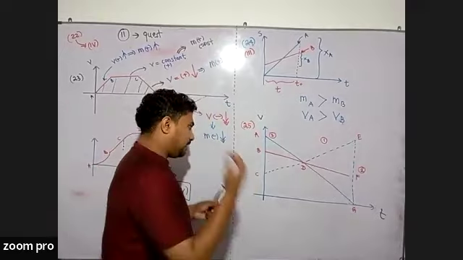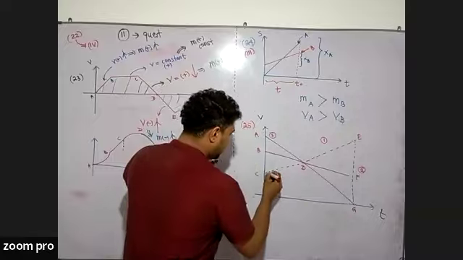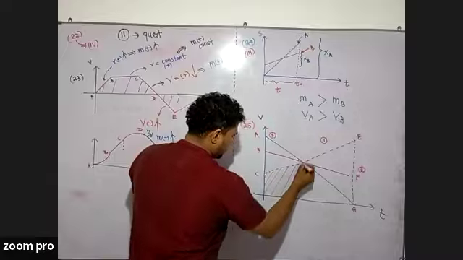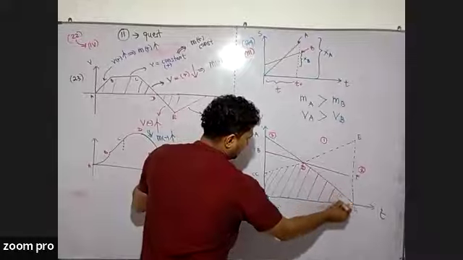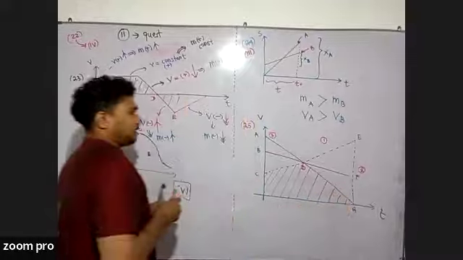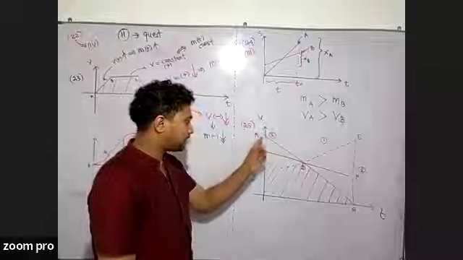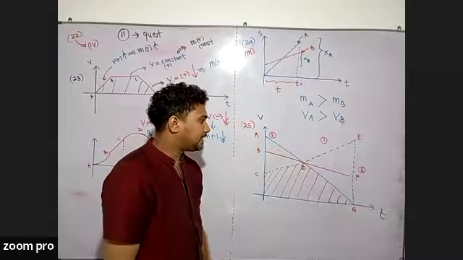Here you can figure out that for all the objects, this shaded area is included, isn't it? When we consider the area for the first, second, and third cars, this shaded area is included.